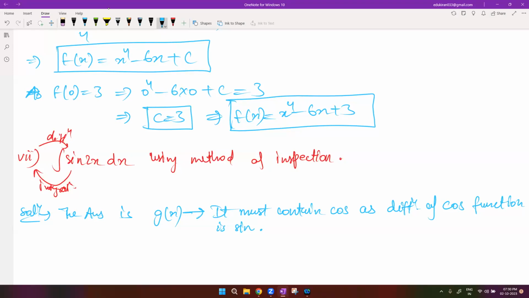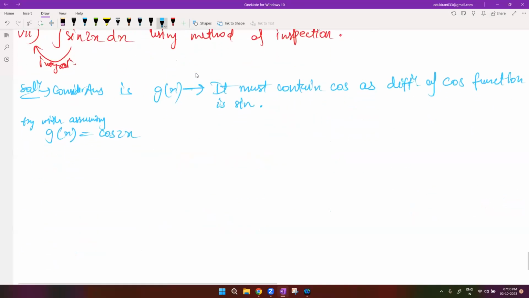So I try assuming gx as cos 2x. Let's try to differentiate cos 2x.